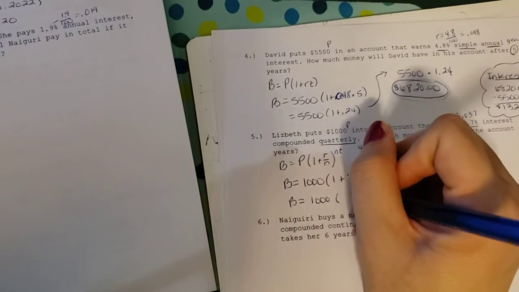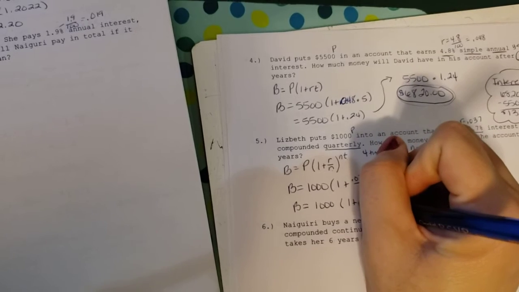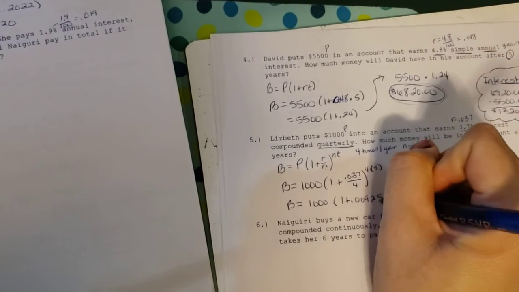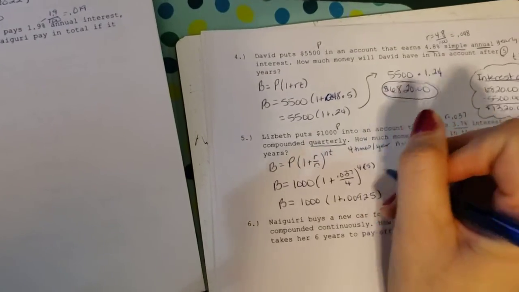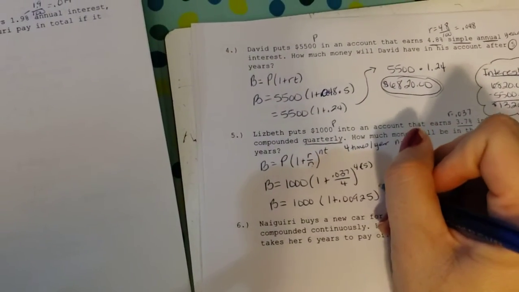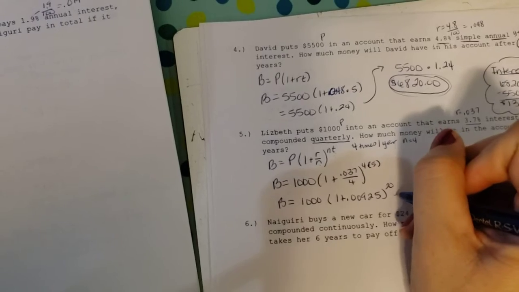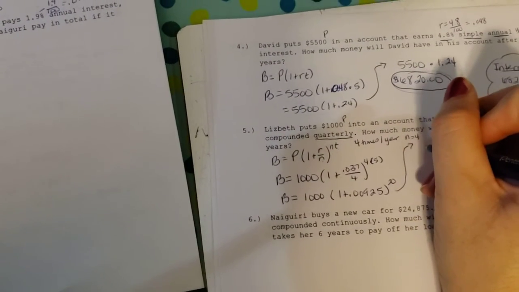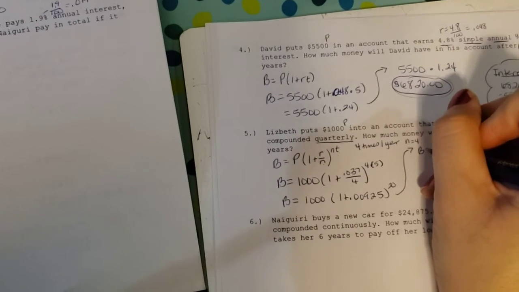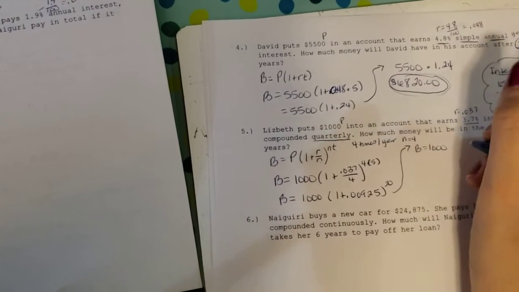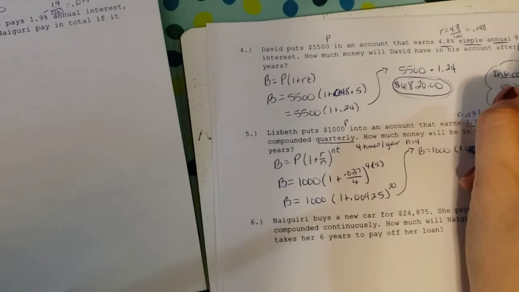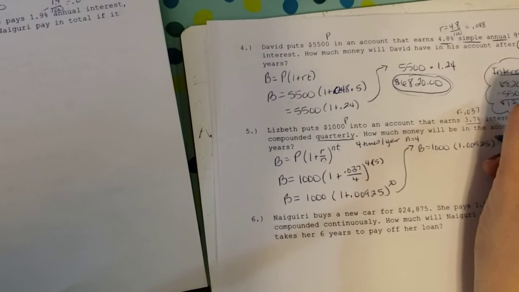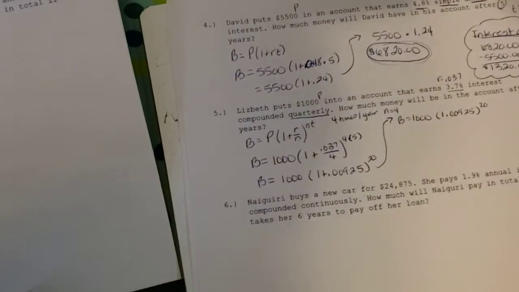So if I start doing some of those calculations inside the parentheses, I get 1 plus 0.00925. Outside, 4 times 5 is 20, so my exponent is 20. And then I'm going to continue on. B equals 1,000 times 1.00925 to the 20th power.